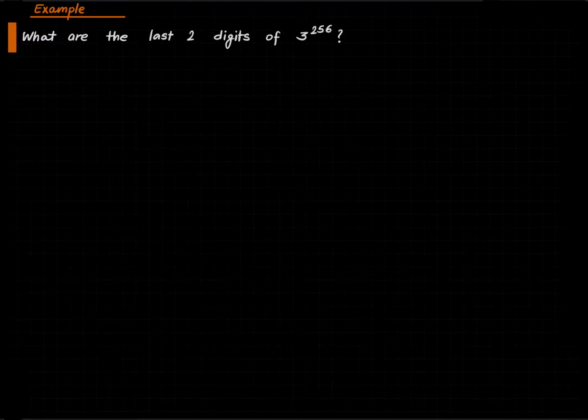So here is how we can do it. This is a solution to the problem. We know that 3 to the power phi of 100 is congruent to 1 mod 100, because 3 is relatively prime with 100. And what is phi of 100?